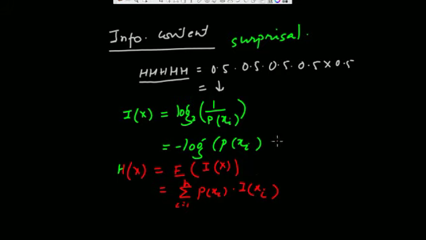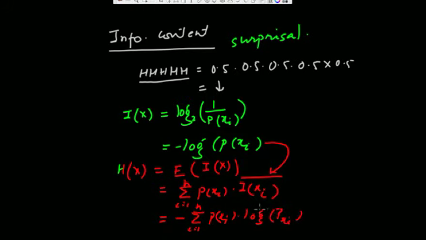So now it's easy to place the values. You can place this value in place of I(xi), and you will get that the Shannon's entropy is basically, and then this minus sign you can take out, right? So you can write it as the sum over p(xi) times log 2 of p(xi).